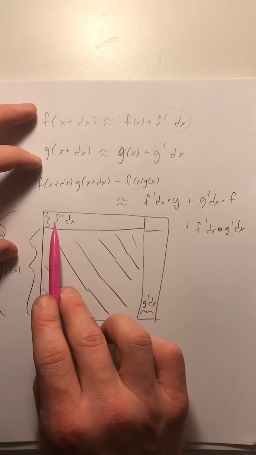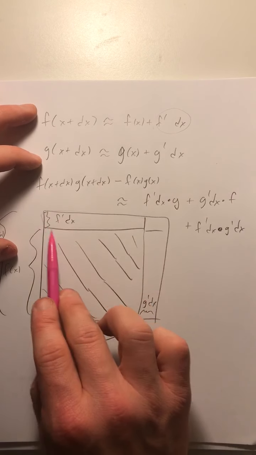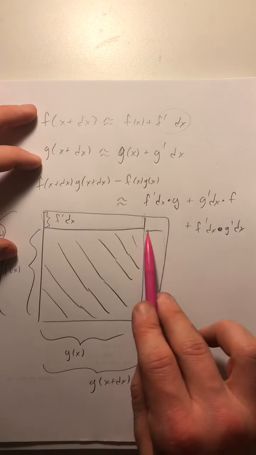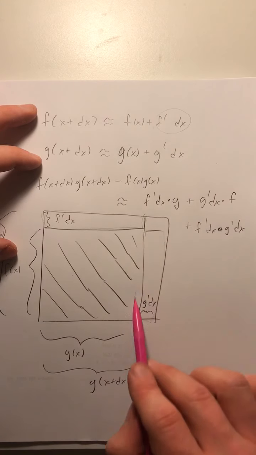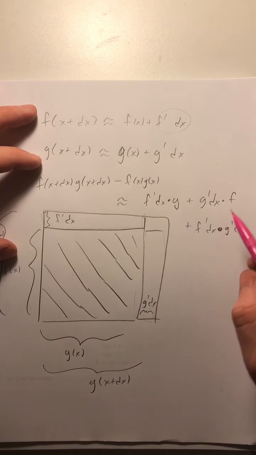The height of this top rectangle is f prime dx, and the width of it is g of x. So this rectangle here has that area. This rectangle over here on the right has that area because the width is g prime dx and the height is f of x. So I should have g of x and f of x here, but I don't really care.